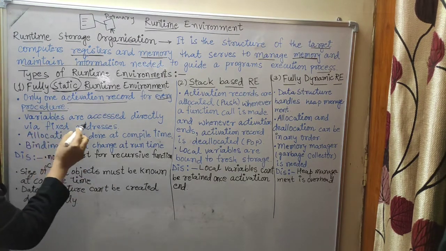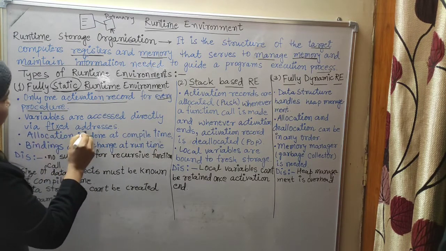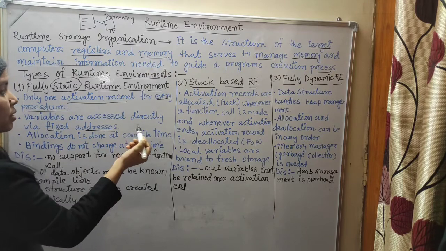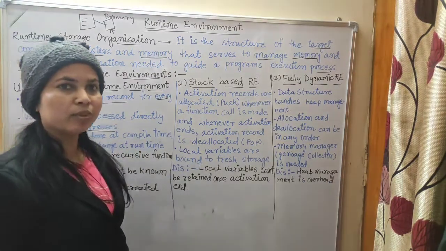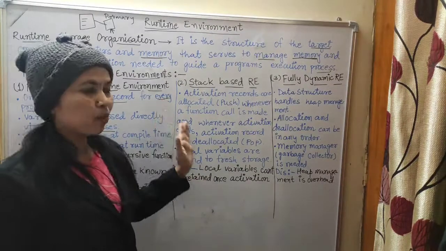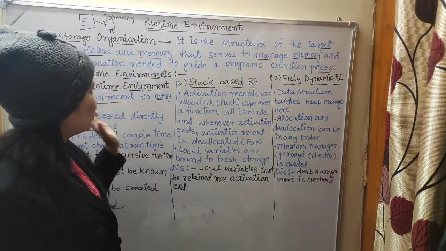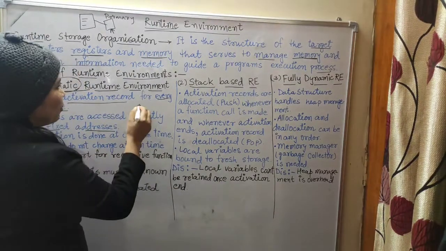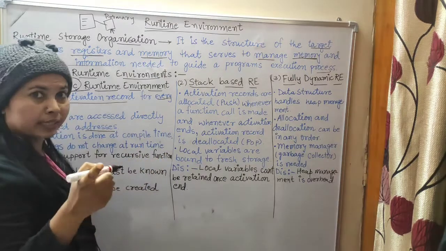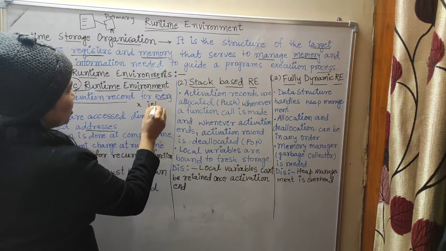Second, variables are accessed directly via a fixed address. Variables, whether terminal or non-terminal, are always in the symbol table. Have you seen that in the previous slide, just like in syntax directed translation, where x with int is stored in the symbol table?